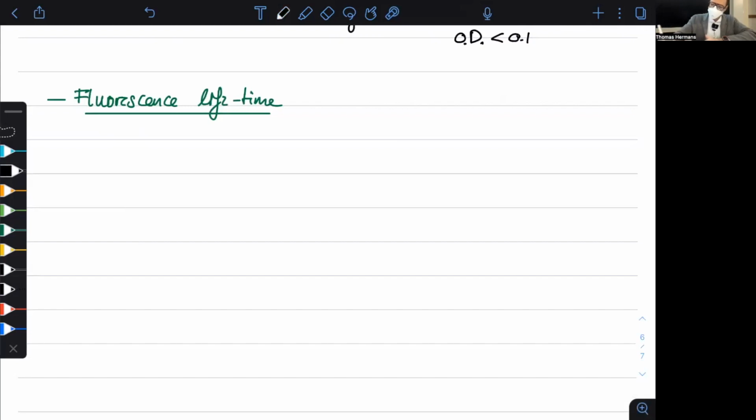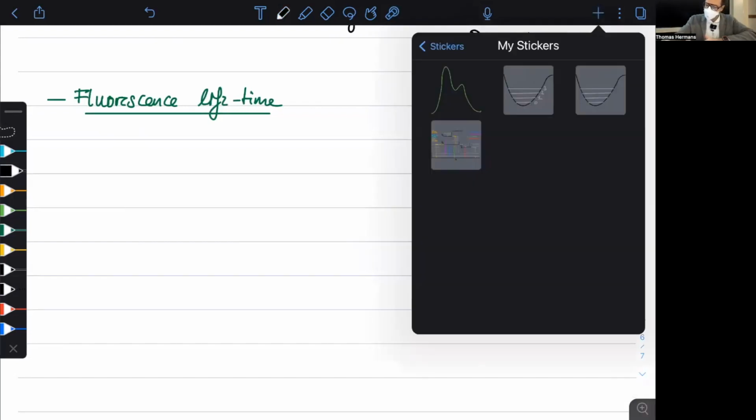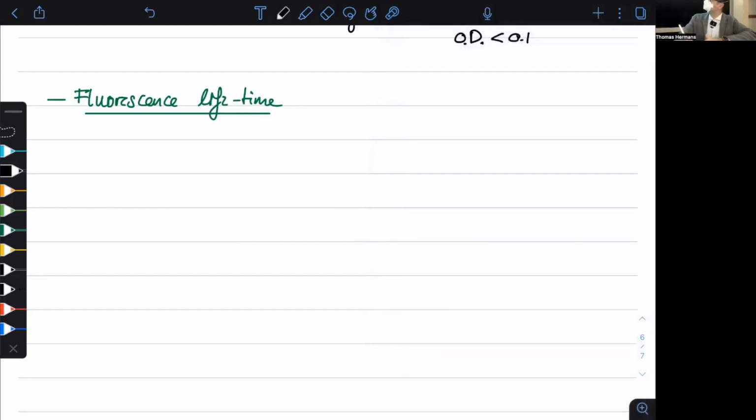So let's remind. If I'm in S1 and I go to S0, I will have fluorescence, right?